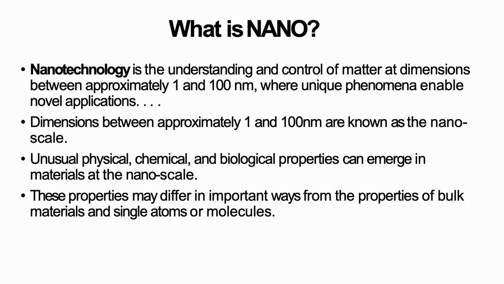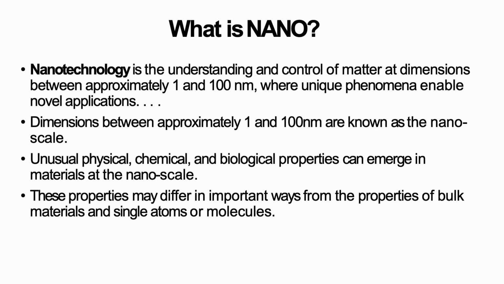Now, unusual physical, chemical, and biological properties can emerge in materials at the nanoscale. As you see, because of the chemical, physical, and biological properties, we are limited, okay? We are limited because we cannot, for example, make molecules that are smaller than some size.